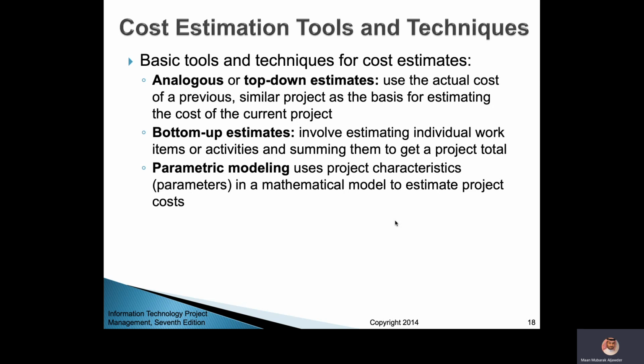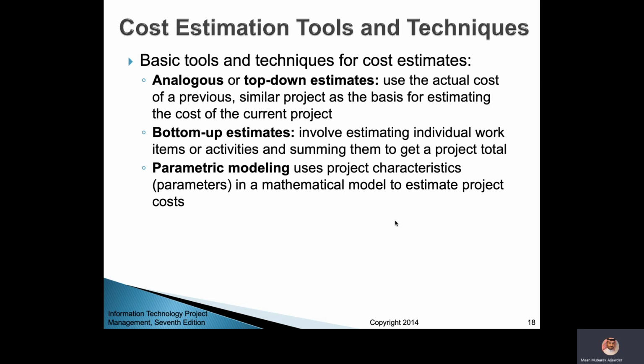Then you have the bottom-up estimates, and here what you do is that you go to these particular tasks that you're going to do, and then you assign costs for them. And then you sum these up until you reach a total for the project. And the third one is parametric modeling.